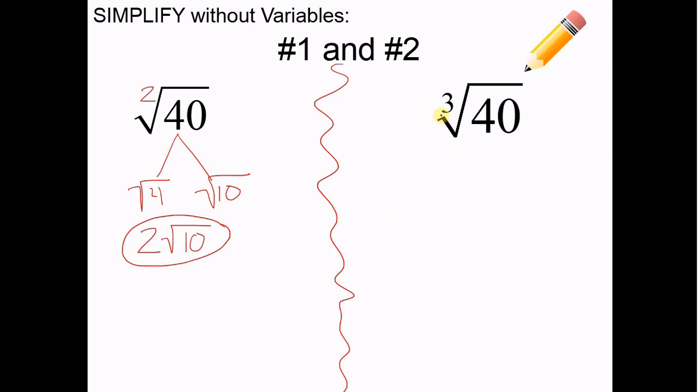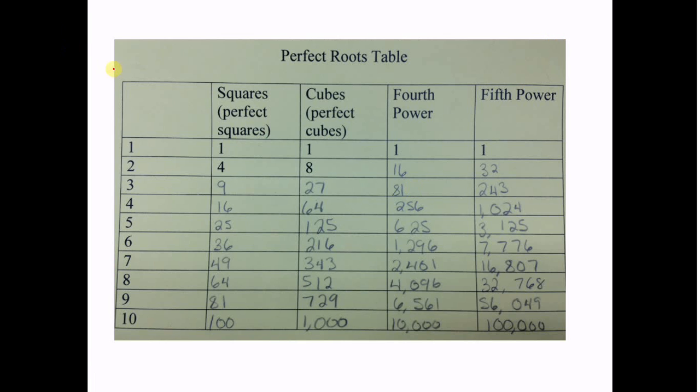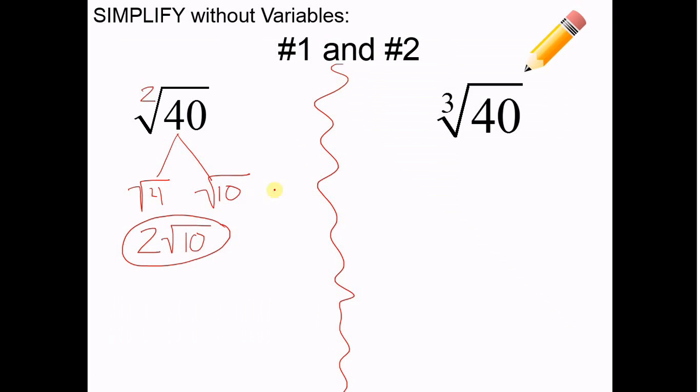But what about a cube root? Instead of looking in the square root column like we were doing last time, we now need to look here in the cube roots column. What's a cube root, one of those numbers in that column, that can go into 40 evenly?